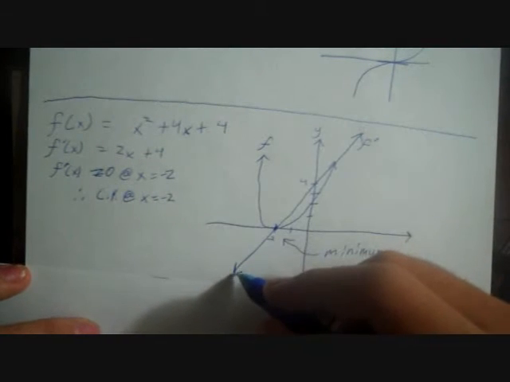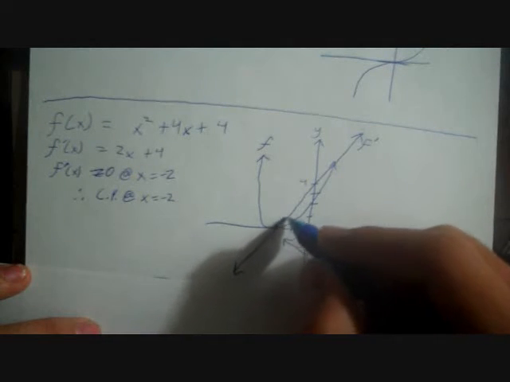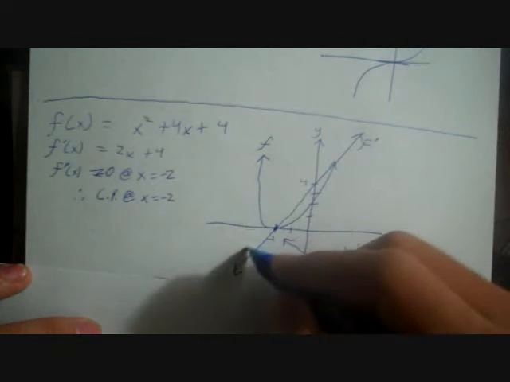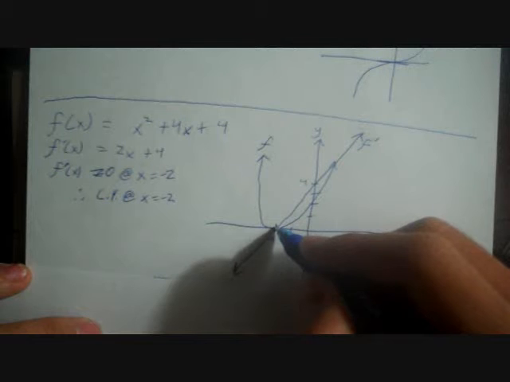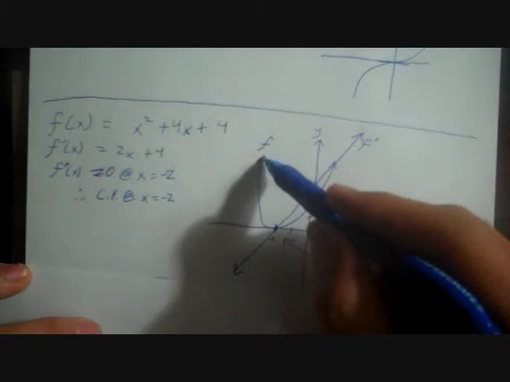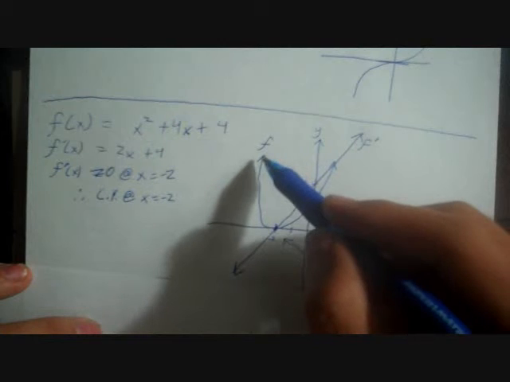Now, looking at our derivative, notice it's negative, negative, negative, 0, positive, positive, positive. If we have a negative derivative, that means our function is decreasing, which is reflected accurately in our rendering of our x squared plus 4x plus 4 function.